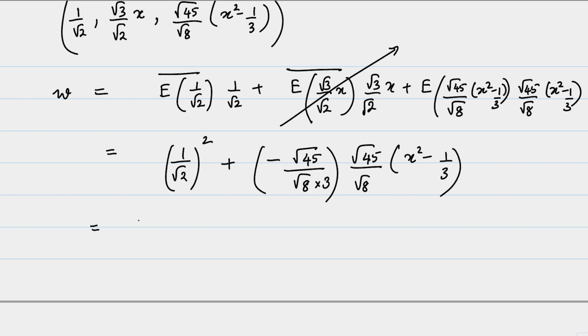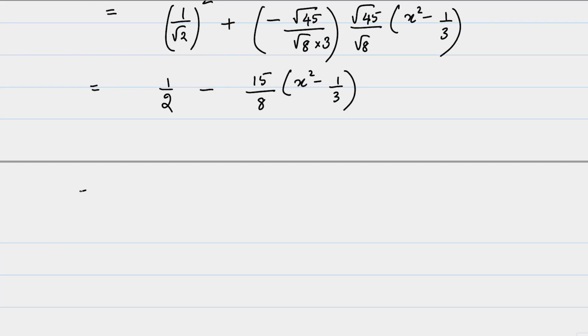So this will be equal to 1 by 2, and 45 by 3 is 15, so minus 15 by 8 into x square minus 1 by 3. So in particular, this is just going to be equal to minus 15 by 8 times x square plus 5 by 8 plus 1 by 2, or 4 by 8, which is 9 by 8. Let me just put it like that.